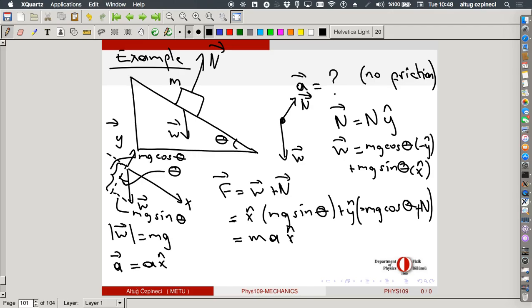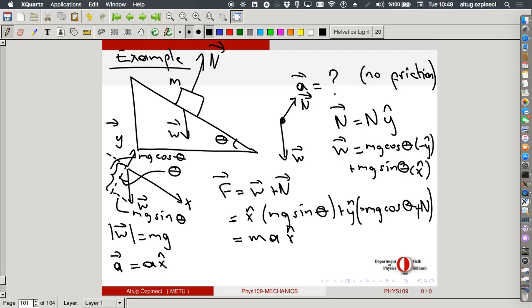Now if we have these two vectors, they should be pointing in the same direction. Well, this vector is pointing in the x direction. This vector has an x component and it seems that it has a y component. But if this vector has a y component, it cannot be equal to this one. If two vectors are equal, they should have the same components. The y component of this vector over here is 0.